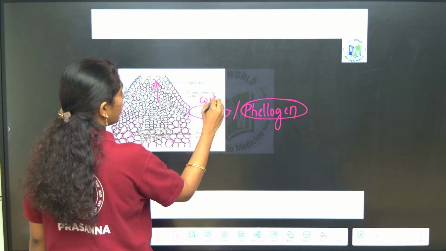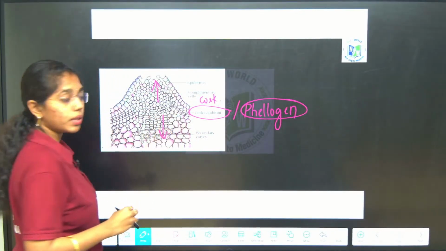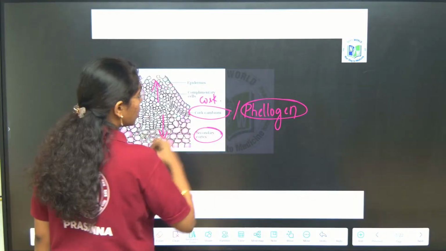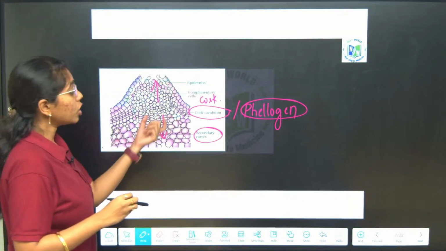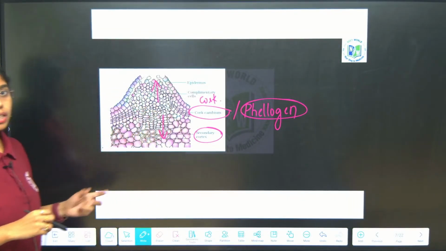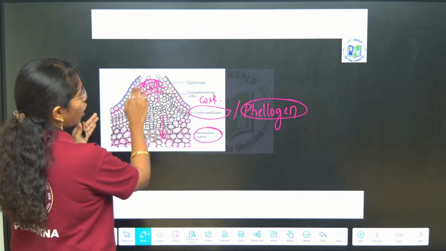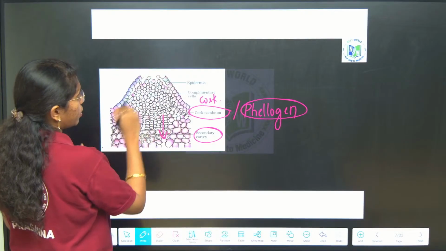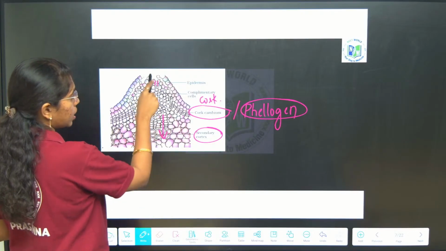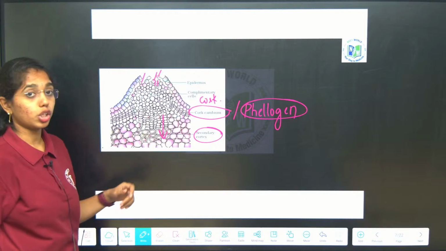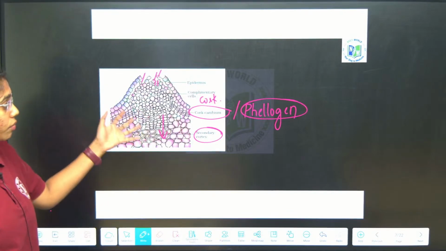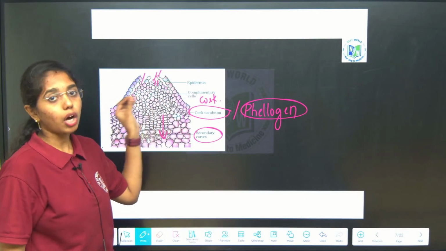Cork cells or phellum, and those cells which are formed towards the endodermis are addressed as what? Secondary cortex. But because of the vigorous activity of cork cambium, the parenchymatous cells present in the cortex region will get ruptured, and the epidermal cells also will be ruptured because of the bulk of cork or phellum.